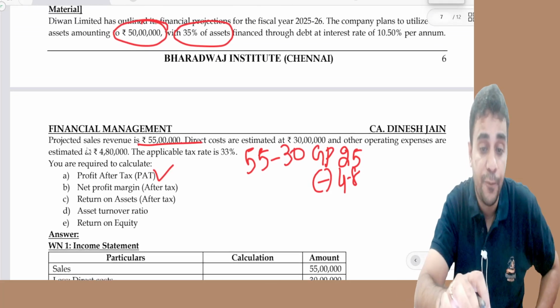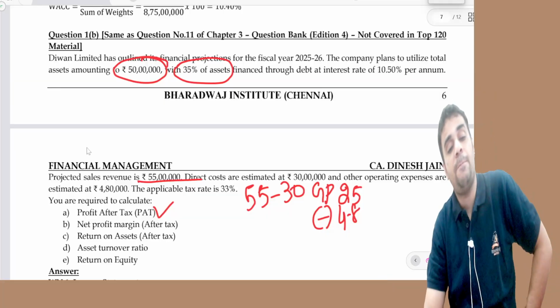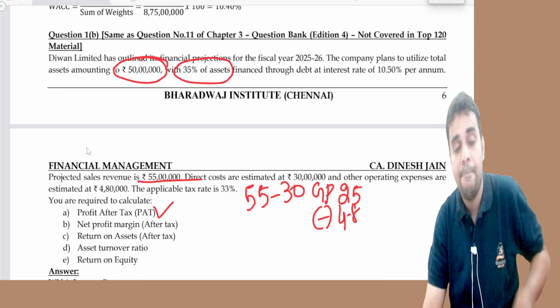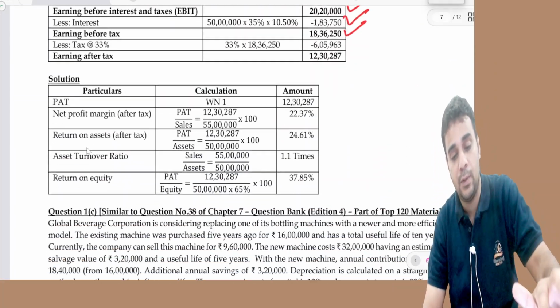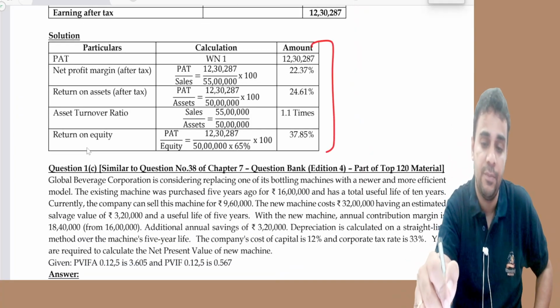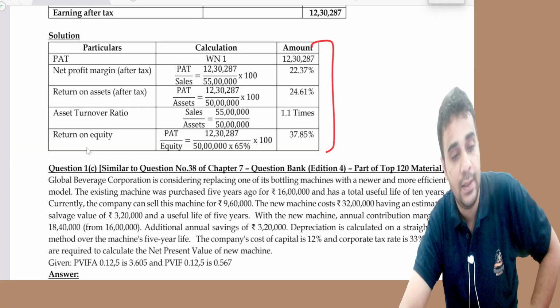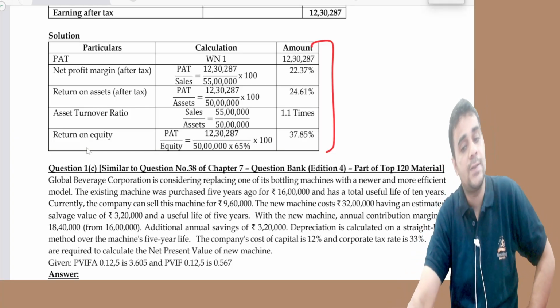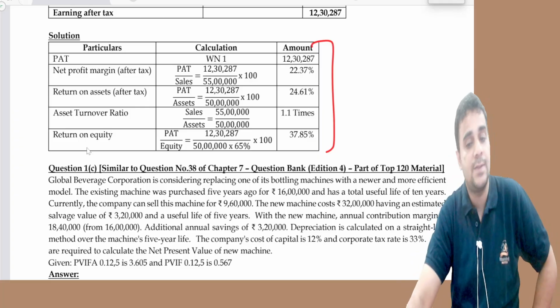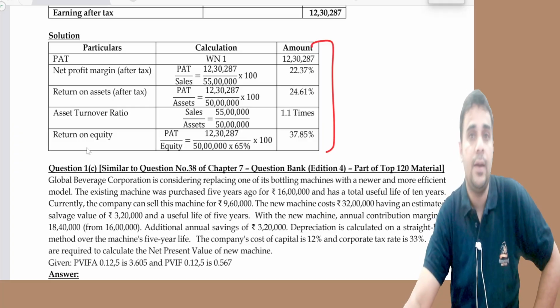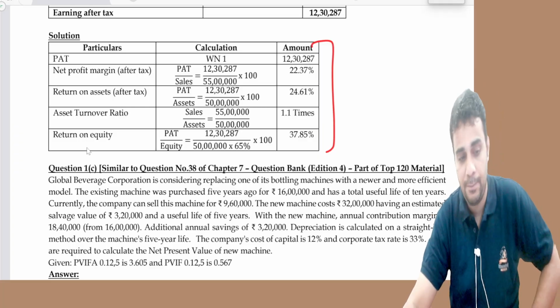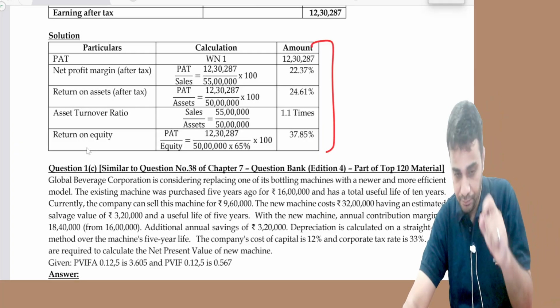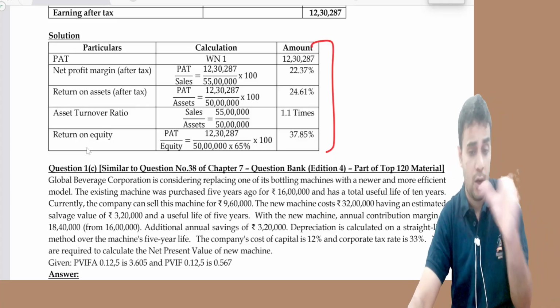Of the 50 lakh, 35% will come from debt, balance 65% has to come from equity. These are your answers. PAT 1230, net profit margin 22.37, return on asset 24.61, asset turnover ratio 1.1, return on equity 37.85%.